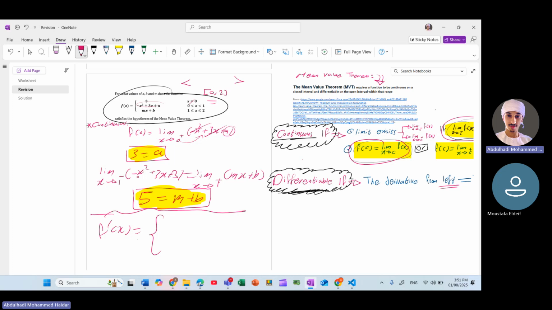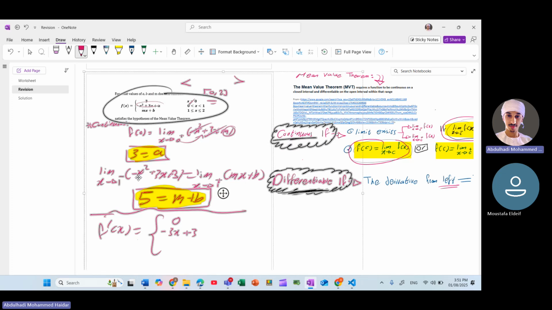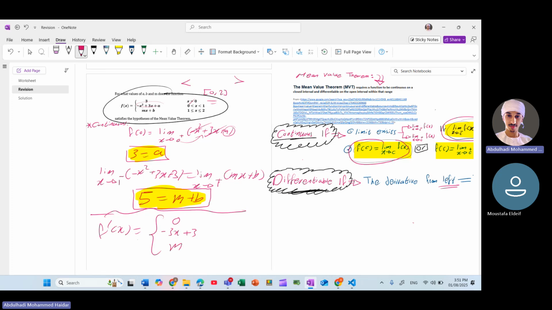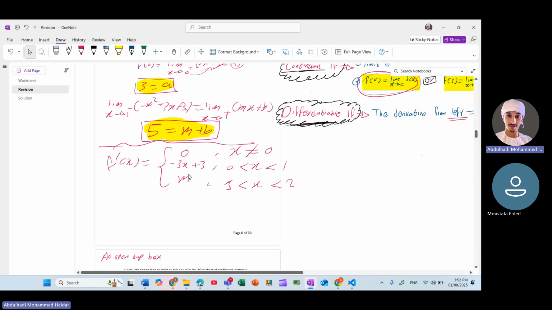So 3 will be 0, minus x squared will be minus 2x plus 3, and 8 is a constant, it will be 0. And then mx plus b will be m, and the b, because it's constant, will be removed. The intervals, as I told you, the equals will be removed. It will be not equal, and here less than 2, greater than 1. So we differentiate the whole piecewise.